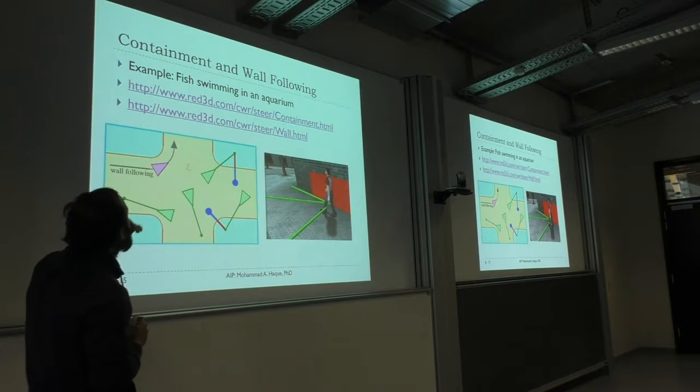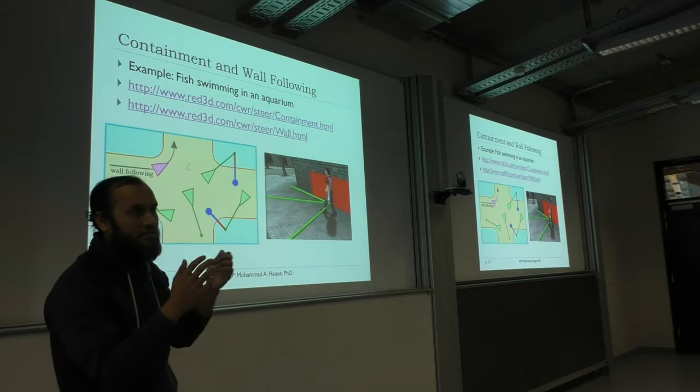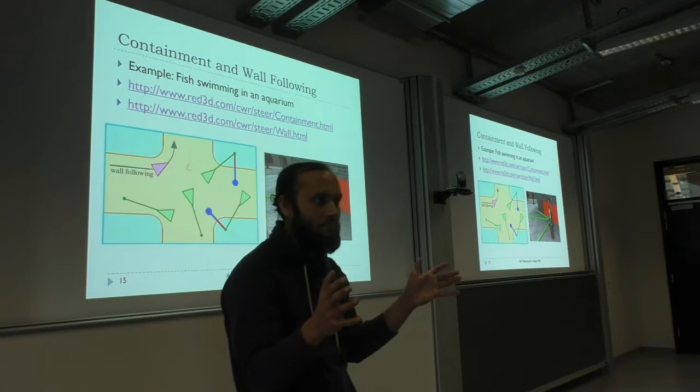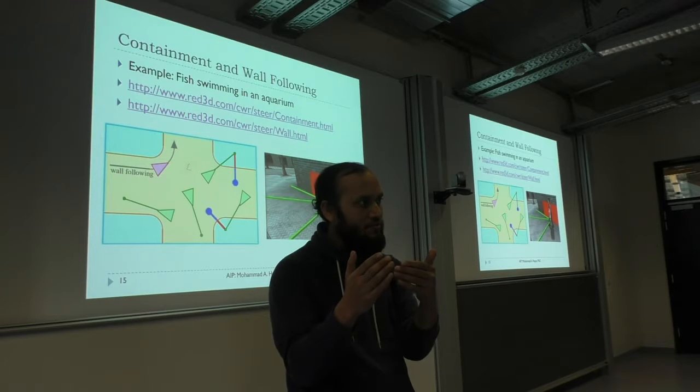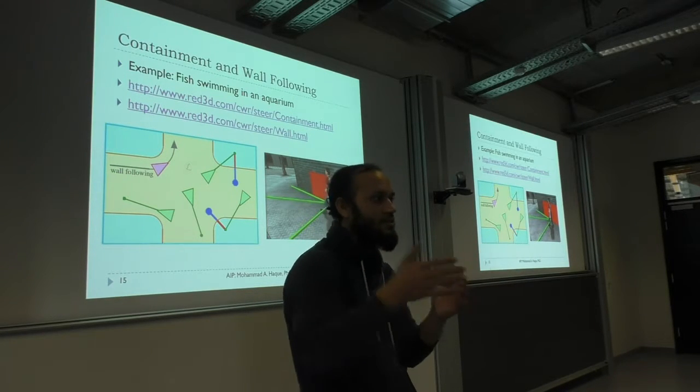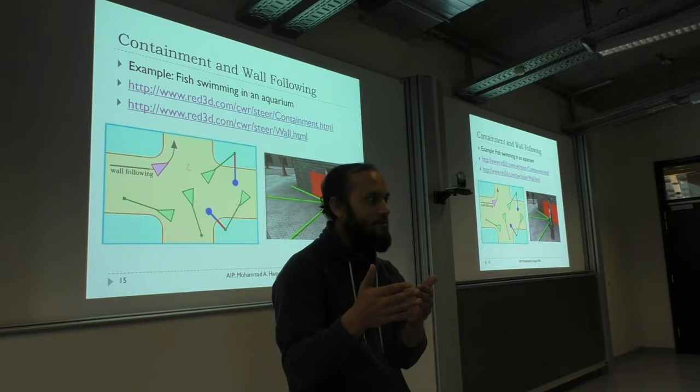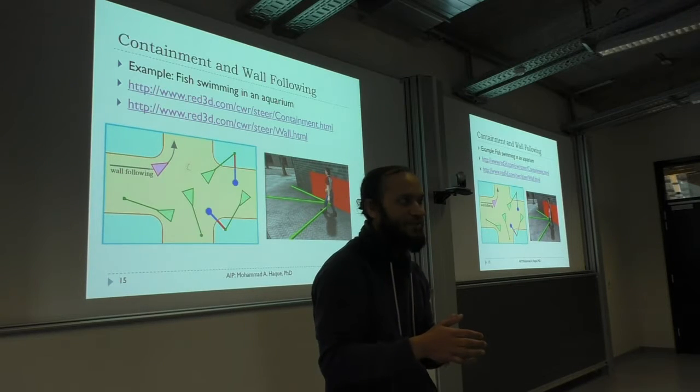So what does containment mean? It is just like fish in an aquarium. The fish go in this direction, but then it moves in the other direction because there is a wall. But that's not realistic for fish.